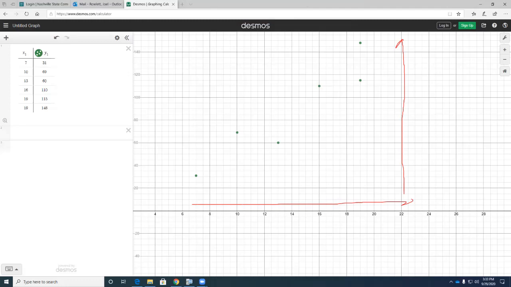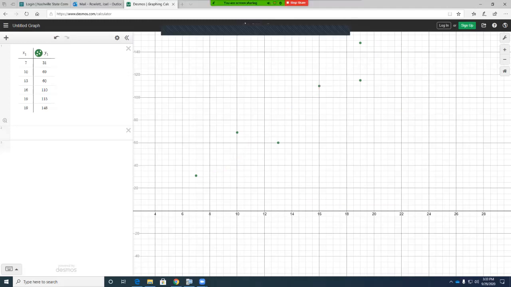And I can almost imagine a line passing through these data points here. So it looks to me like we do have a positive correlation. It appears to be linear. And I would like to know the strength of that line. In other words, I'd like to look at the R value. And I would like to figure out the equation of this line of best fit.